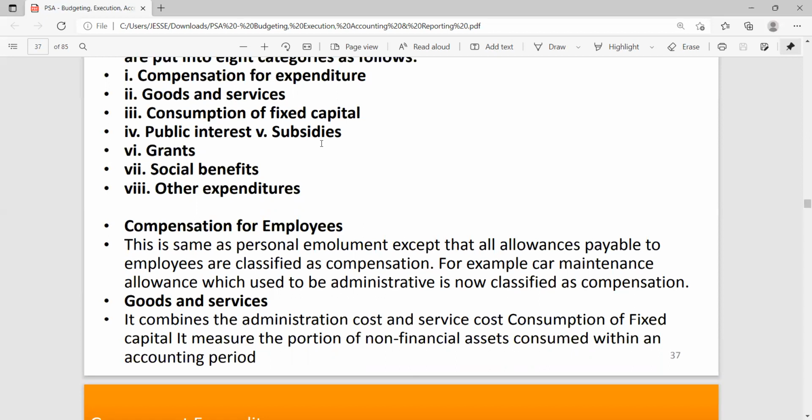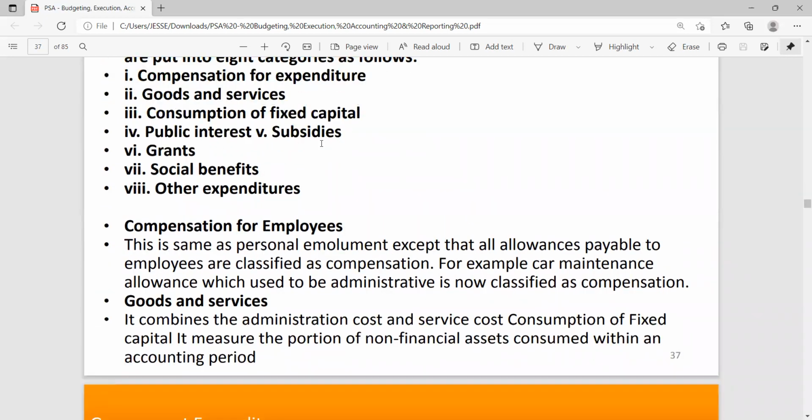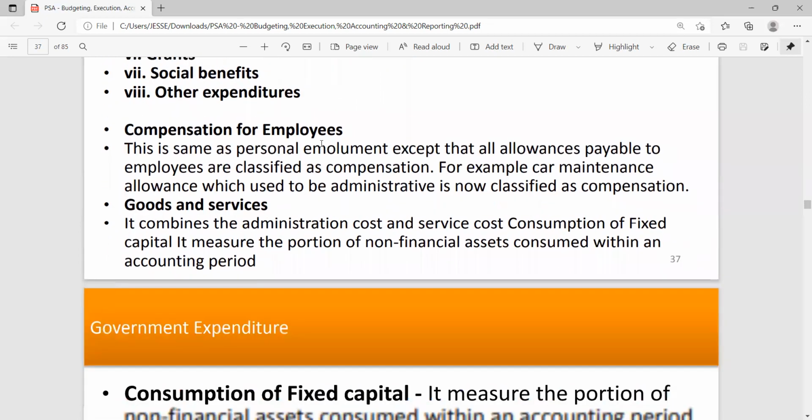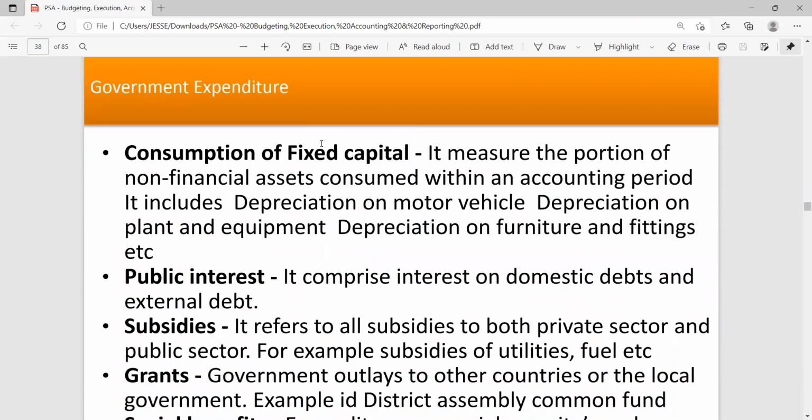Then let's move on to another category, goods and services. It combines the administration costs and service costs. This is expenditure that is made in purchasing or procuring goods and services.